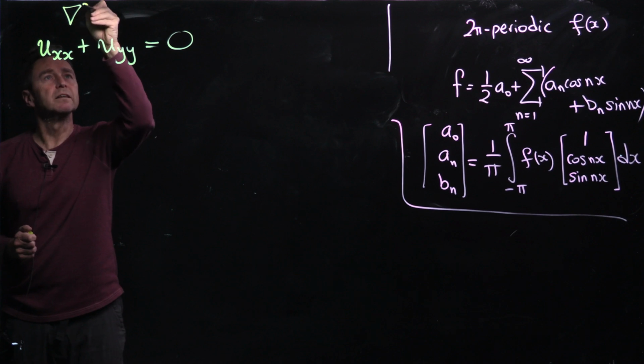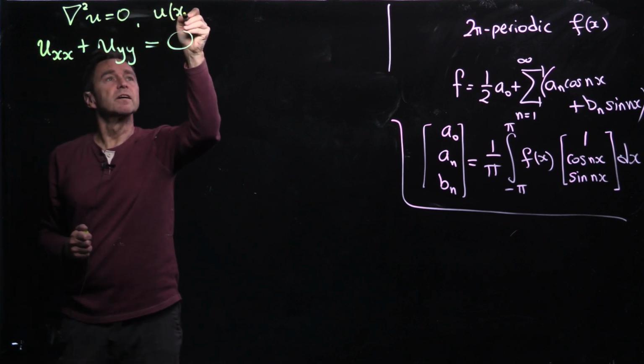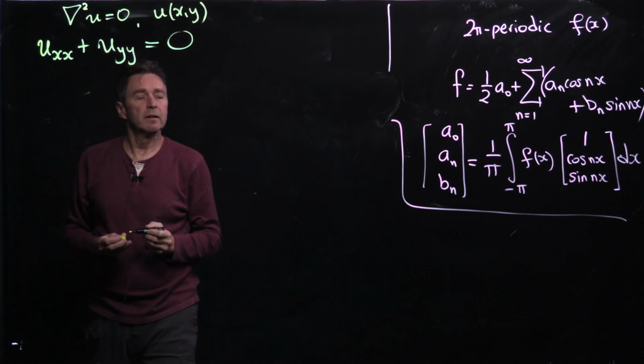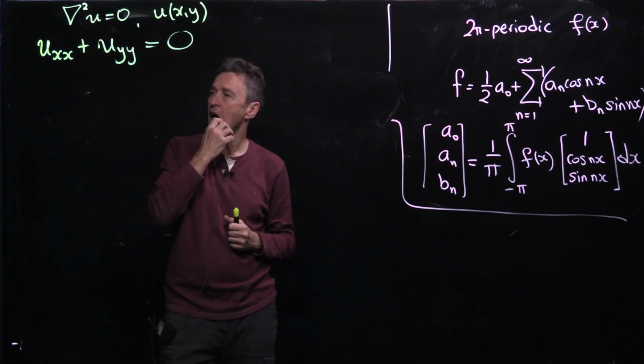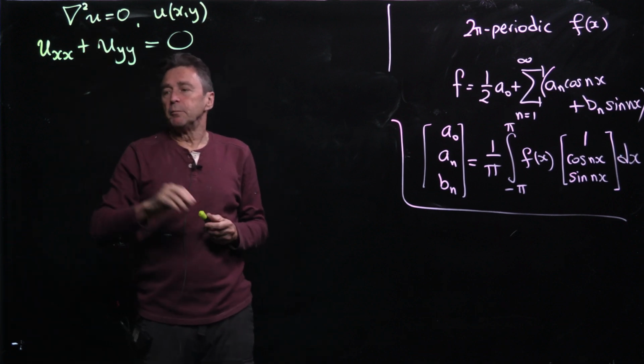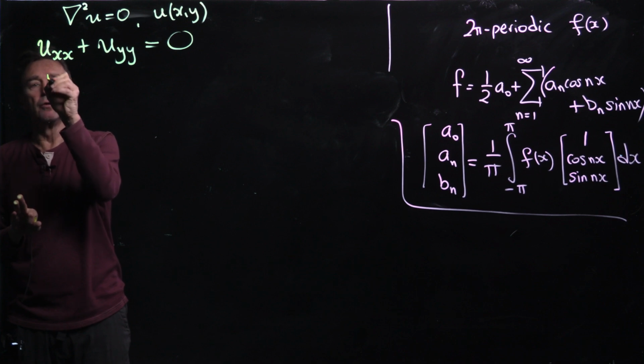This is the Laplacian of u is equal to 0 for u as a function of x and y. That's the problem, if you like del squared or Laplacian. This is really the PDE.